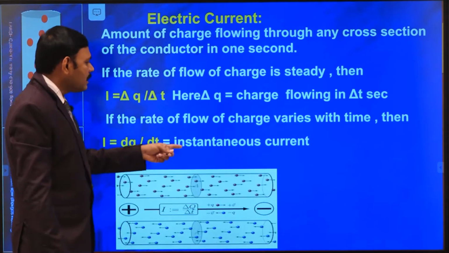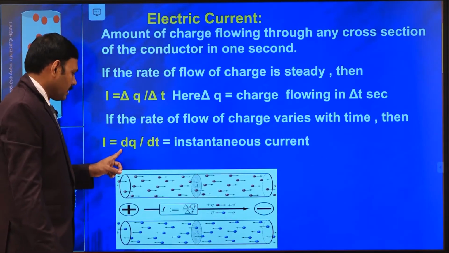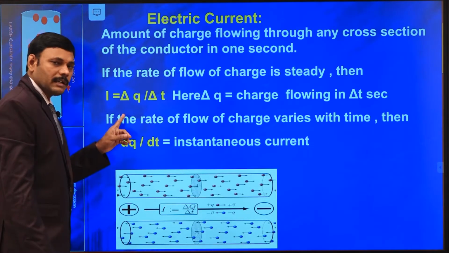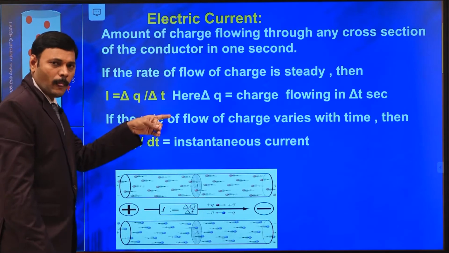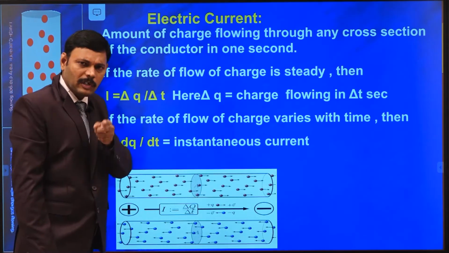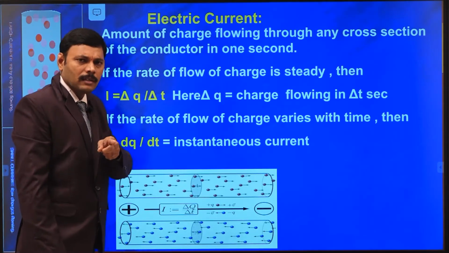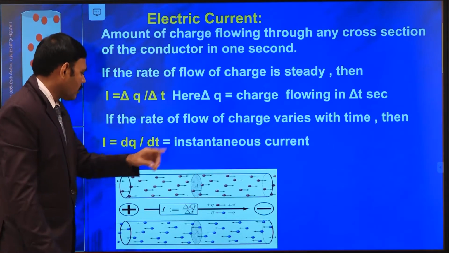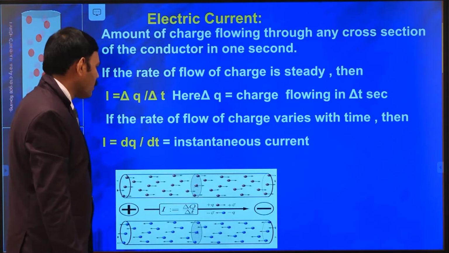Then we have to consider the instantaneous current. So that is dq divided by dt. It is also equal to the limit as delta t tends to 0 of delta q by delta t. Then we find the current at a particular instant of time. The current calculated at a particular instant of time is the instantaneous current. It is given by I is equal to dq divided by dt.